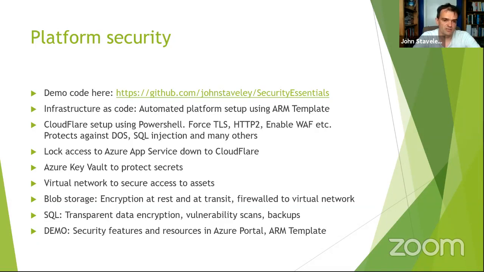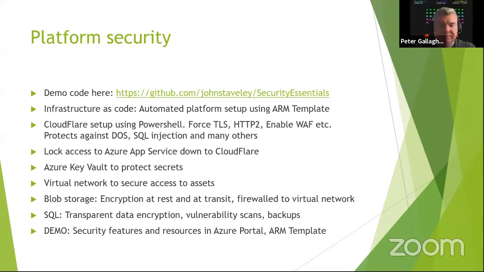We set up an Azure Key Vault to protect our secrets. So it's all the passwords, usernames, and then use a virtual network to secure access to assets like blob storage and SQL Azure. For blob storage, obviously, we're setting encryption at rest and in transit, and all of the requests are firewalled to the virtual network. So a lot of this stuff, if you read the guidebook on how to set up Azure securely, you will come out of that.